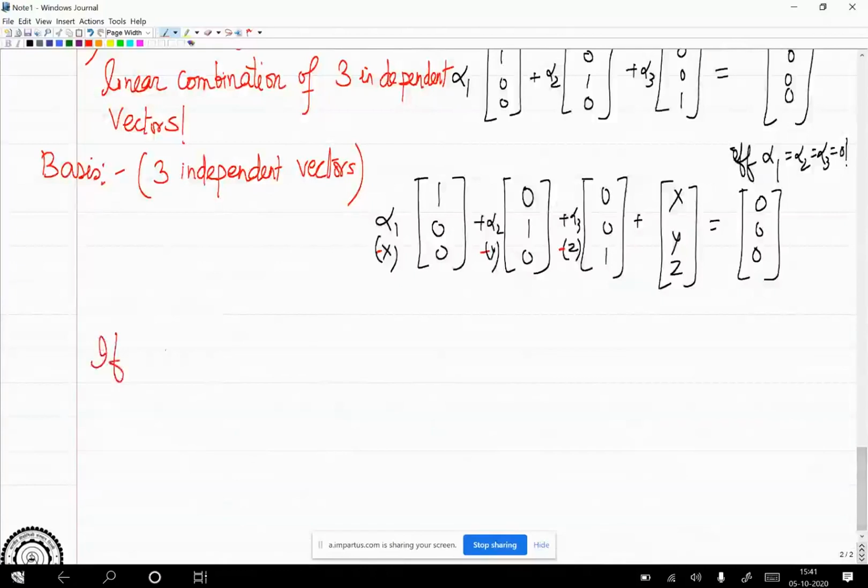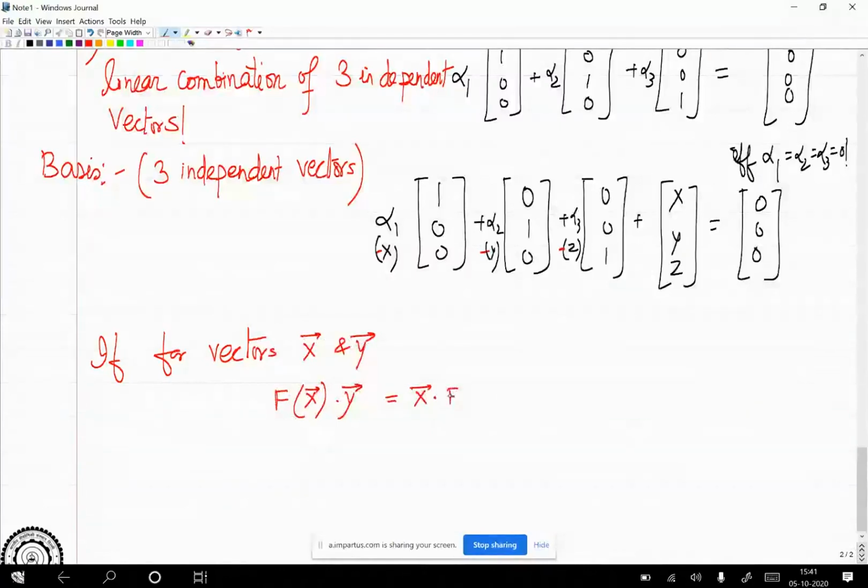So if for vectors x and y, f of x dot with y is the same as x dot f of y, then we say f is symmetric.